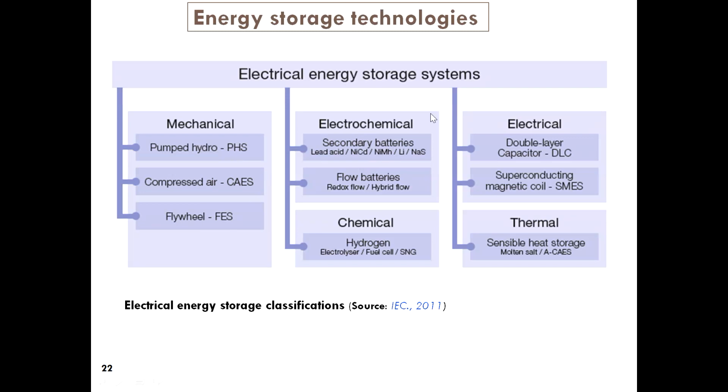Then we've got chemical energy storage, chemical, electrical, as well as thermal. In terms of application, we find that the most commonly used is electrochemical, mainly secondary batteries, and these have got a wide range of applications from domestic, commercial, even industrial and grid.